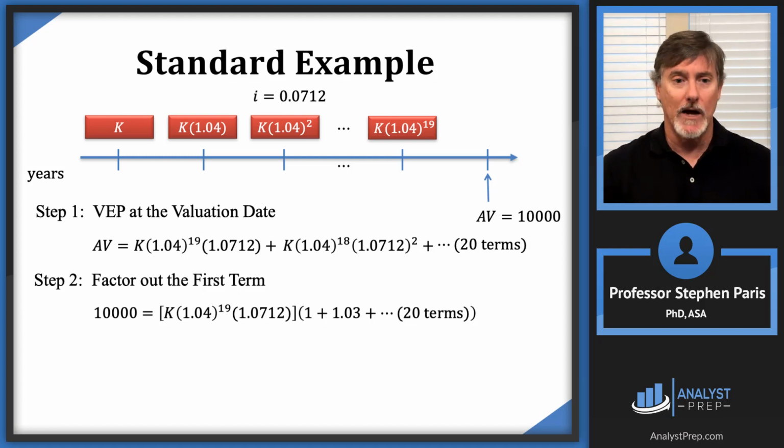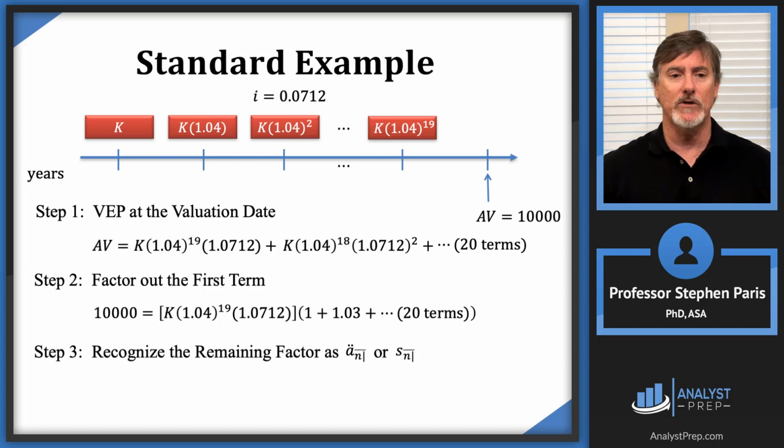Now I'm ready to move on to the third step, which is to recognize that sum in parentheses, that 20-term sum, as the VEP expression for an a-double-dot or an s. Because the second term in that sum is 1.03, I'm thinking of that as 1 plus i. So that 20-term expression is s angle 20 using an interest rate of 3%.